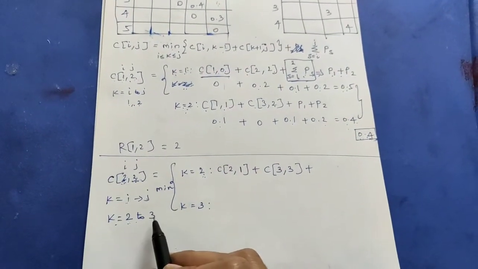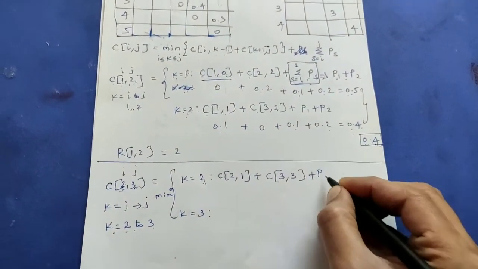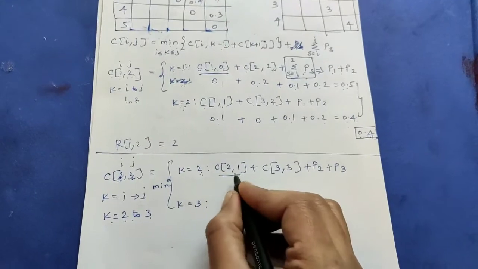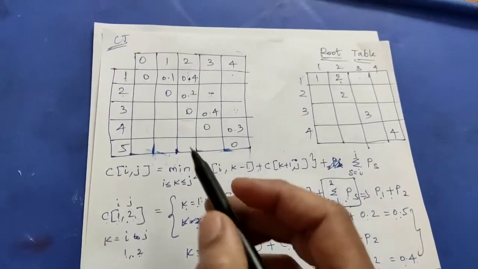So write it as P2 plus P3. So go to your cost table. What is a value present in this location? C of 2 comma 1.